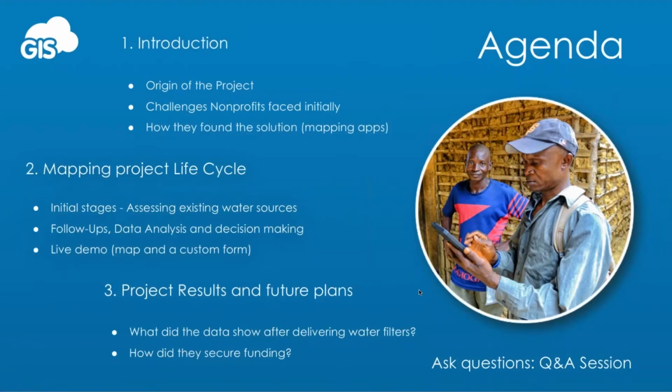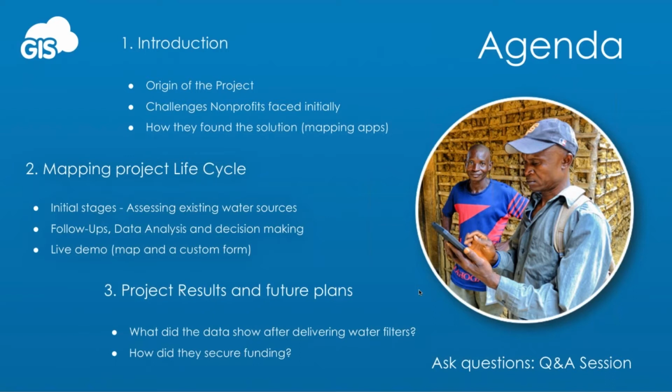So we've prepared the presentation and we'll go through this agenda. You will hear about the origins of the project as well as the challenges nonprofits faced initially before they found a solution and mapping applications. Then you will hear about the life cycle of the project, what were the stages of data collection, how did they assess existing water resources, the follow-ups they made, and what kind of data they gathered, how they made analysis, and how did they make decisions.